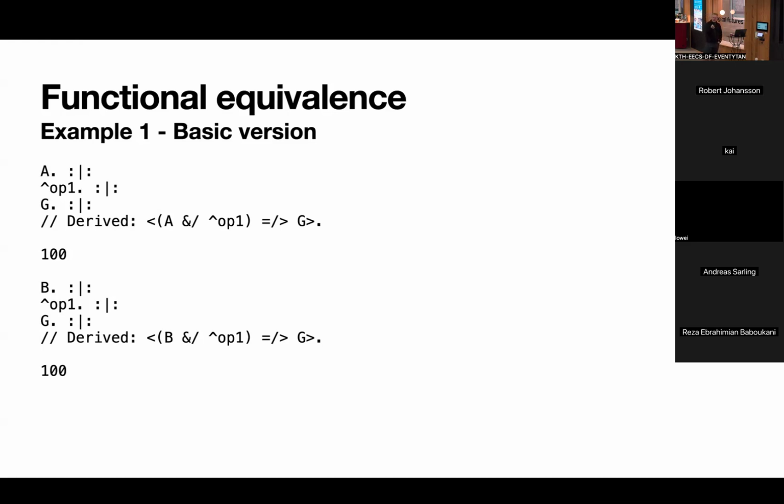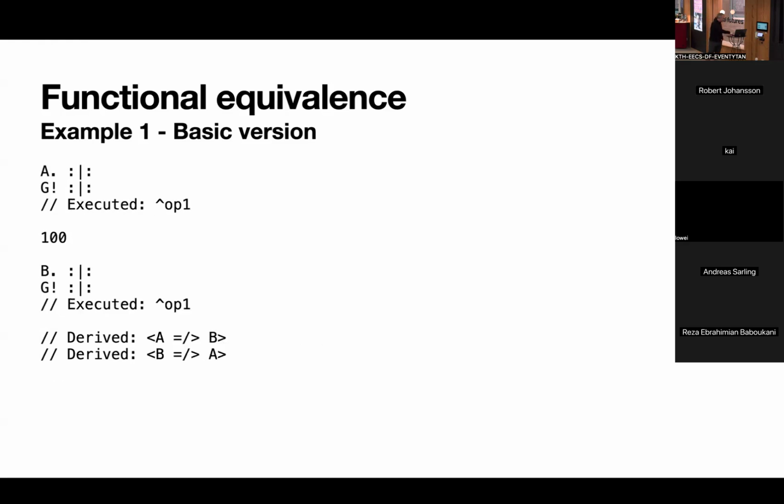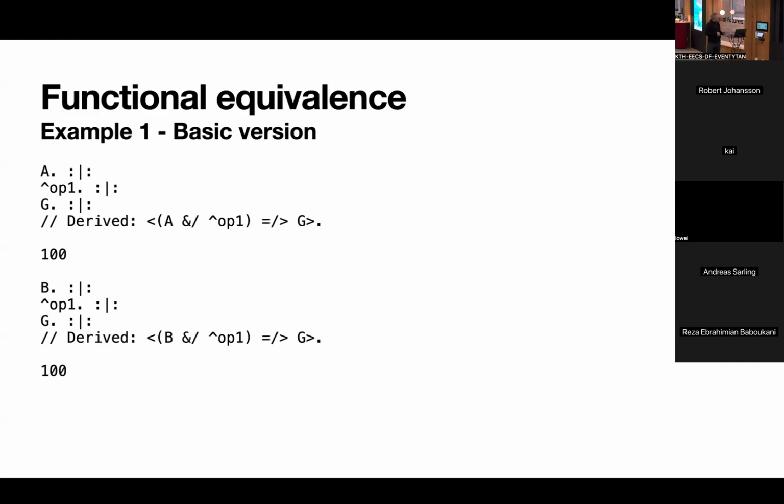Then the question is, can the system derive something based on these? And the logic, so to speak, suggests that A should be functionally equivalent to B. They are now substitutable, since in both cases the same operation led to G. So it's in a way the same as the role of a spoken word and a written word.